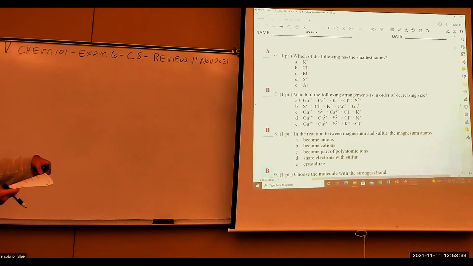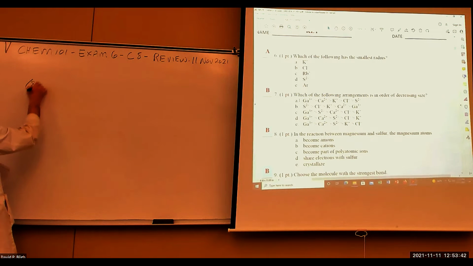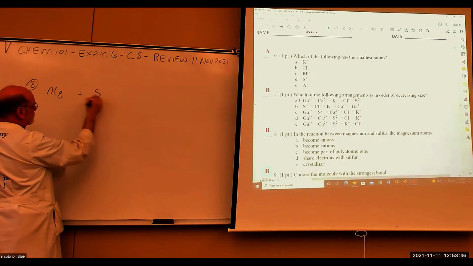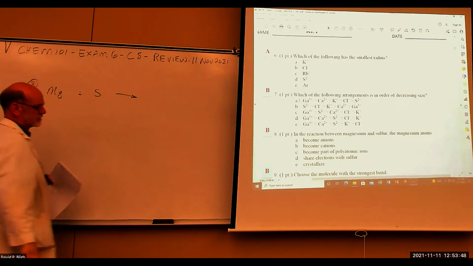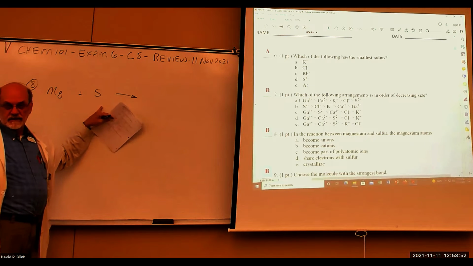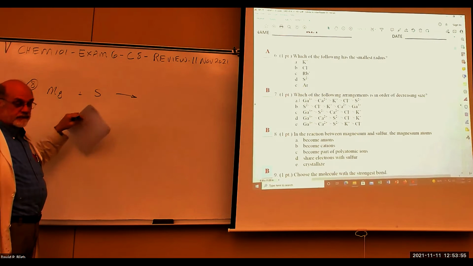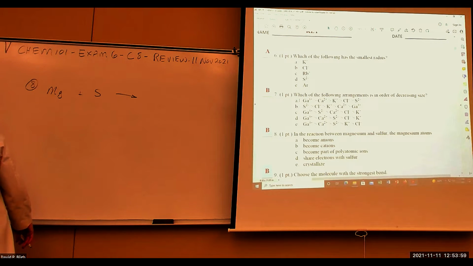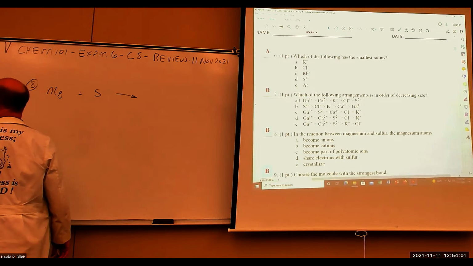About 7, about 8. In the reaction between magnesium and sulfur. So we got magnesium and sulfur. What are they going to do? Well, magnesium's a metal, sulfur's a non-metal. The trend, and if they're far enough apart, which they are, they're in the same period.